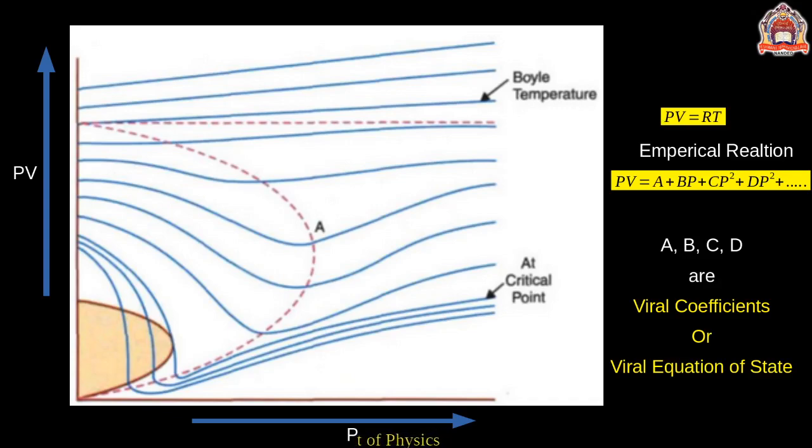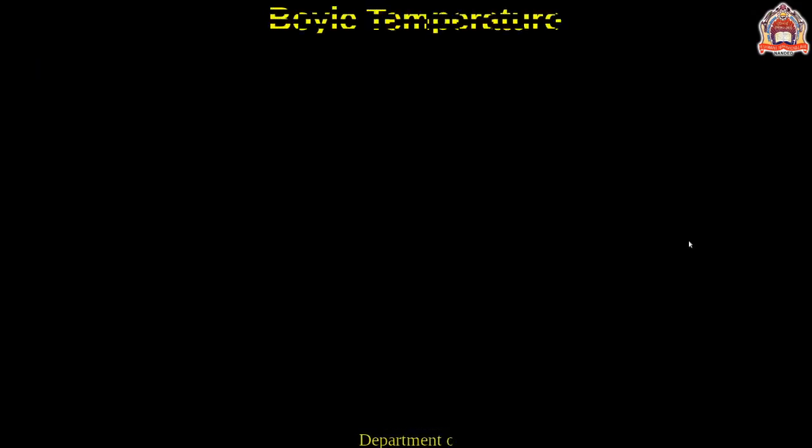Here we are considering that B is important. So this B is nothing but related to the Boyle temperature. How can we calculate the Boyle temperature from B? The coefficient B has a special importance for all gases.